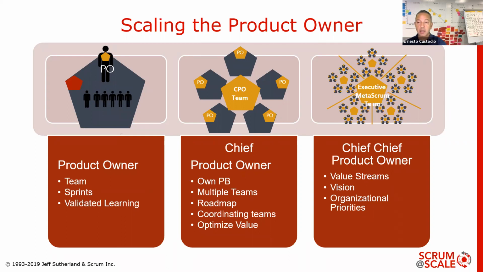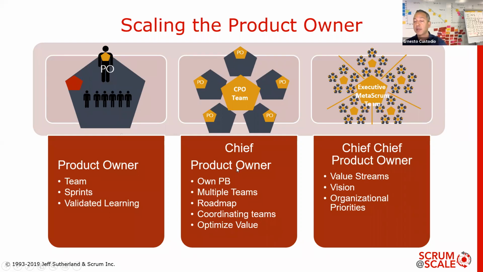And the chief product owner, that's the CPO here, is that individual that works with other product owners at the team level. So what you're seeing here is actually this team being represented by one of these pentagrams here with a product owner in it. So what you have is the chief product owner working and coordinating with the individual product owners.